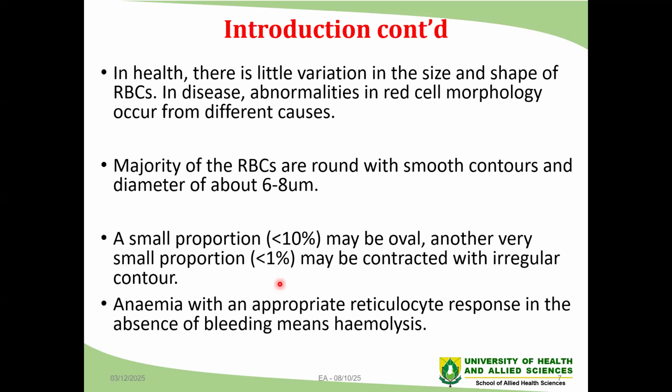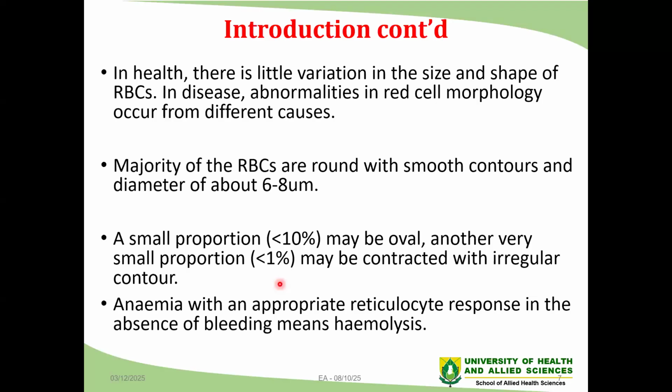However, you might have a small proportion, usually less than 10%, that may be oval in shape instead of being round. And there are some that may appear a bit contracted, or the contours are not regular. Those would usually be less than 1%. But this is acceptable in a healthy person.